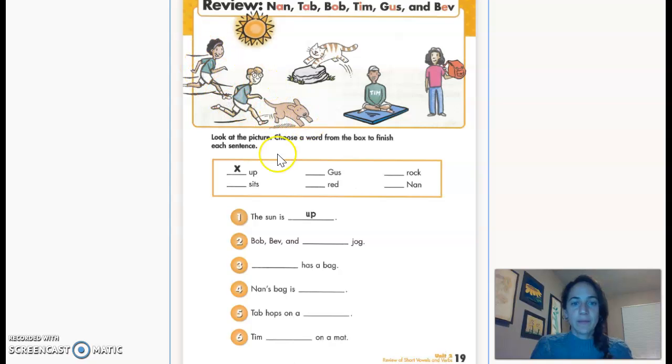Here in my picture, Nan has a bag. Here's my bag. Nan's bag is what color? Yes, red. Tab hops on a rock.